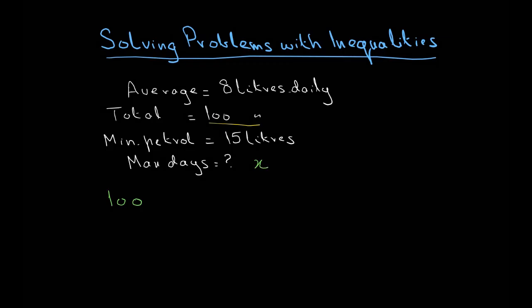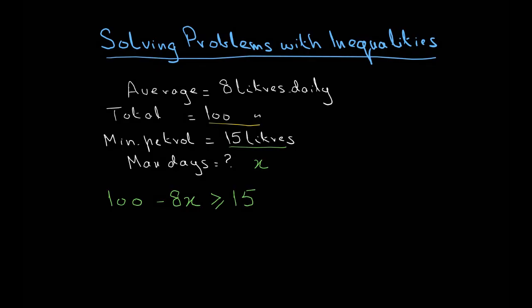Every day he's going to spend 8 liters. So in x days he's going to spend 8x liters of petrol, and we know that the minimum amount has to be at least 15. So this must be greater than or equal to 15.